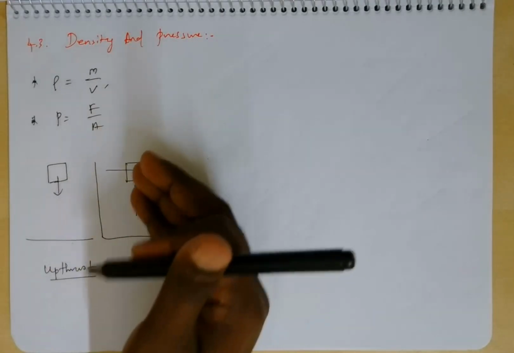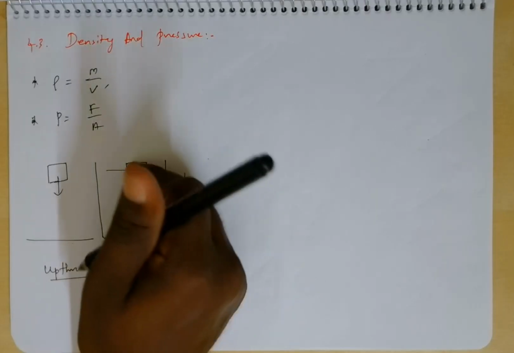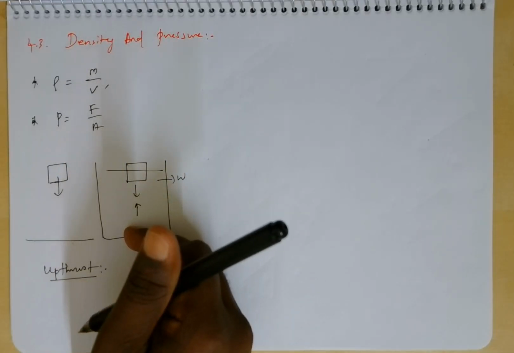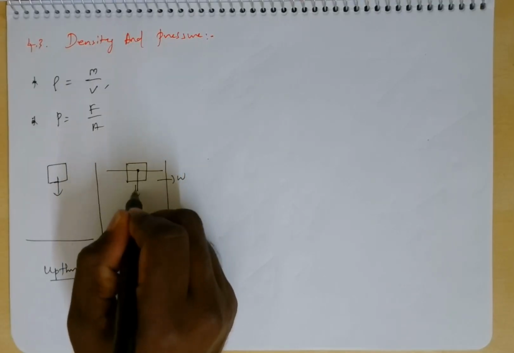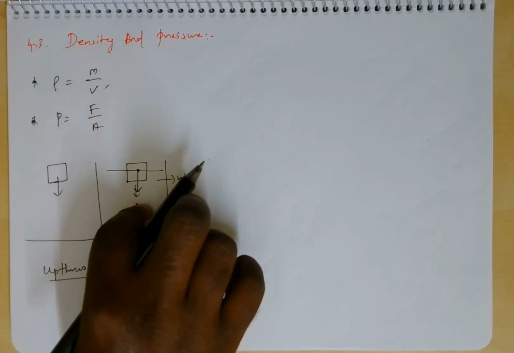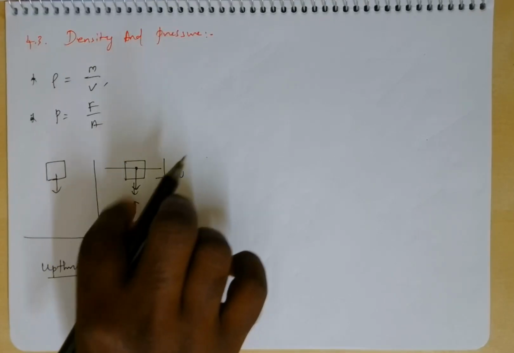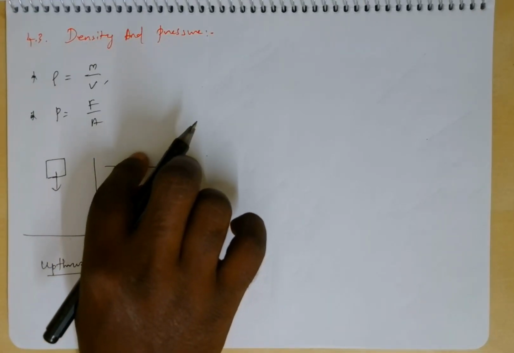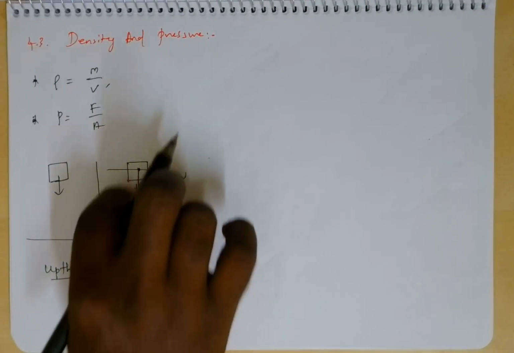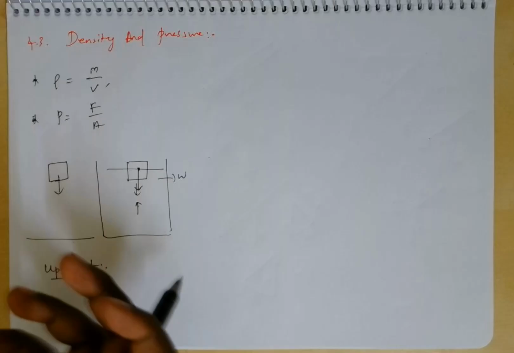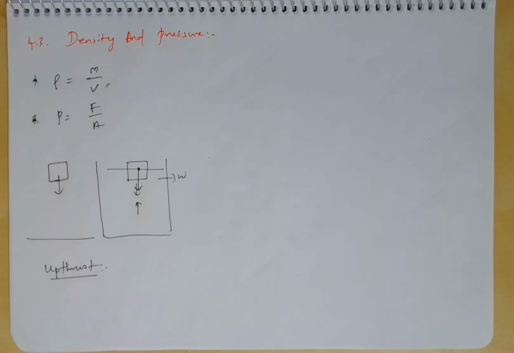If the weight of the object is more than the upthrust, it sinks the object. If the weight of the object is less than the upthrust, it makes the object float. So because of upthrust only, objects float if their density is less.